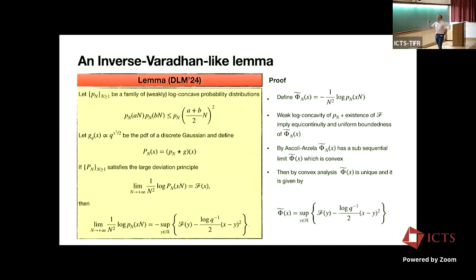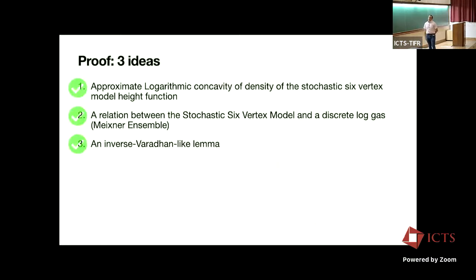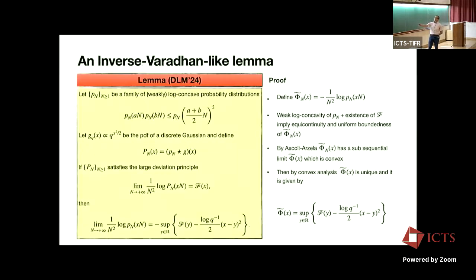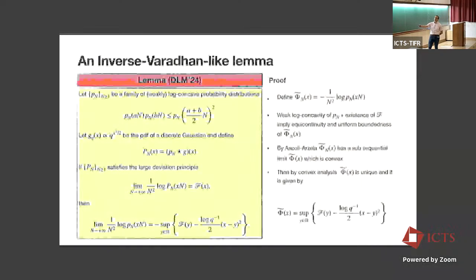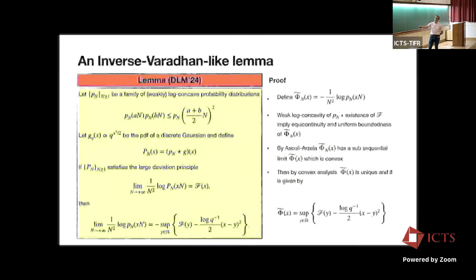But okay, maybe this is not the best crowd to show off my knowledge of Ascoli-Arzela. So let's move forward. Essentially what this lemma proves is that log concavity plus existence of the rate function for convolved processes is enough to conclude the existence and uniqueness of the lower tail rate function of the non-convolved process.